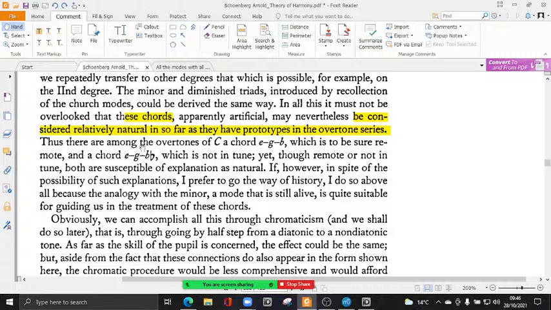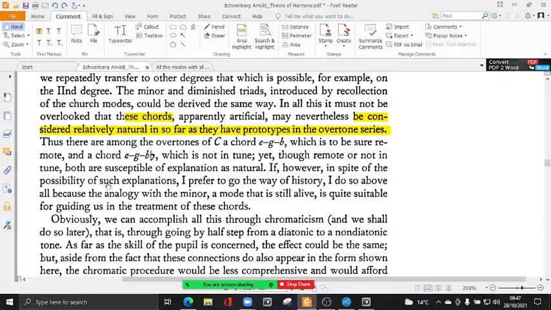Thus there are among the overtones of C a chord E G B, which is to be sure remote, and a chord of E G B flat, which is not in tune, yet though remote or not in tune, both are susceptible of explanation as natural. This is the overtone series, we know the seventh, between flat or natural.